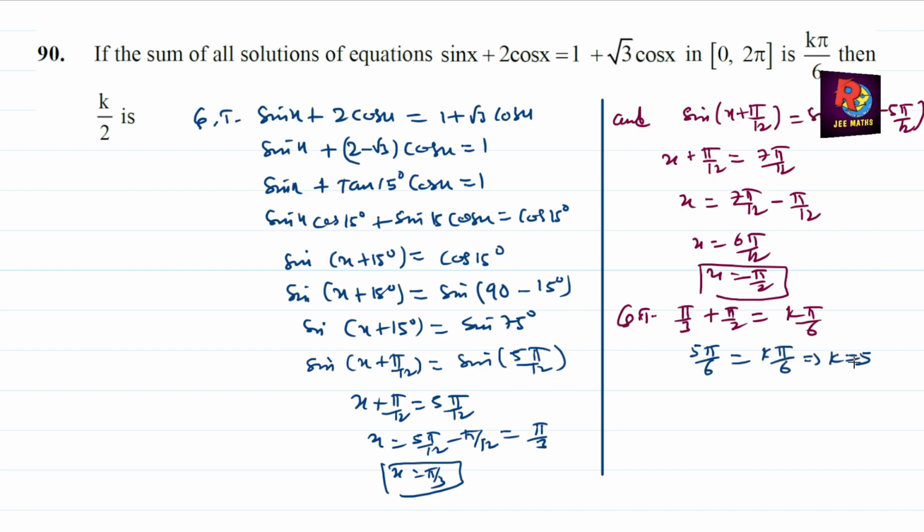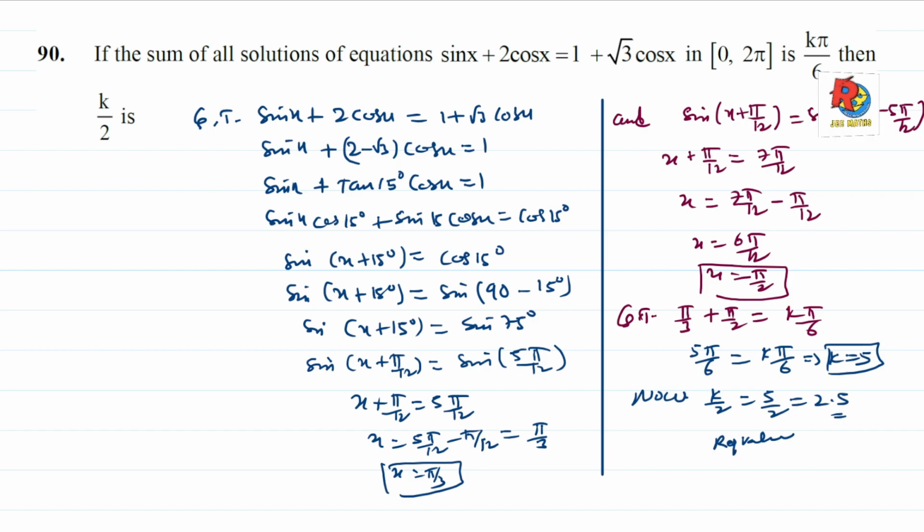Therefore k equals 5. Now what we require is k by 2, which is 5 by 2, that is 2.5. So the numerical value, therefore, the required value equals 3. We need to take it. Answer is 3. Thank you.